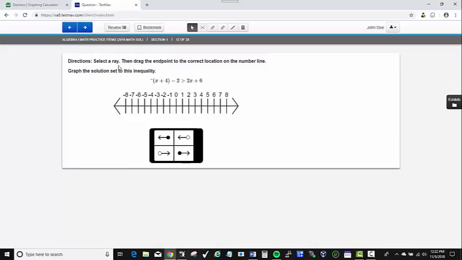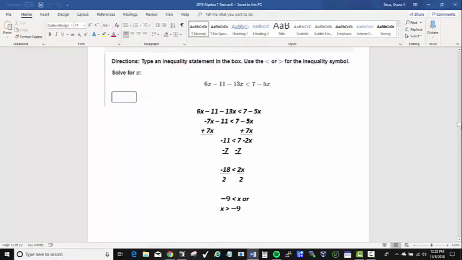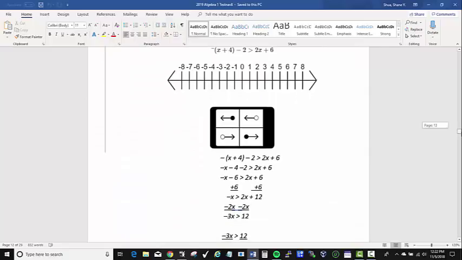Select array, then drag the endpoint to the correct location on the number line. Graph the solution set to this inequality. All righty. So, we have the negative of x plus 4, minus 2 is greater than 2x plus 6. So here, the negative. Whenever you see a negative sign outside of parentheses, treat the negative sign as if it's a negative one and distribute.